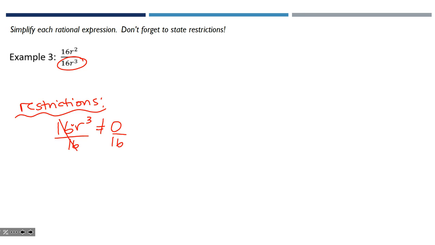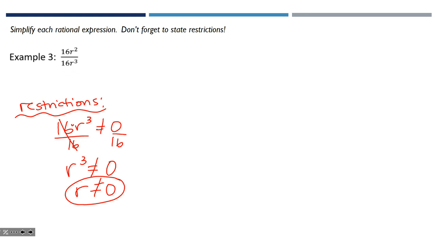Get rid of that. So I have r cubed is not equal to 0 divided by 16, which is just 0. And then think about it. R cubed is not equal to 0. So what can I cube to get 0? 0, right? So in other words, that tells me that r cannot be equal to 0.